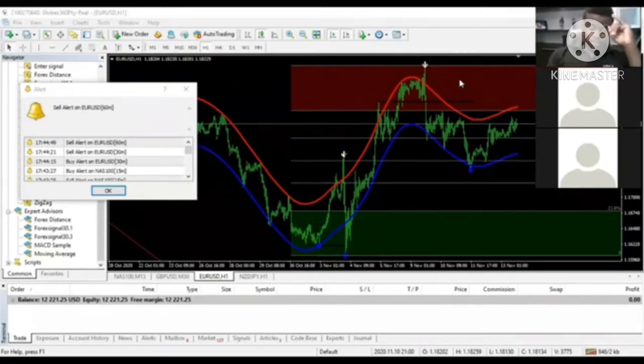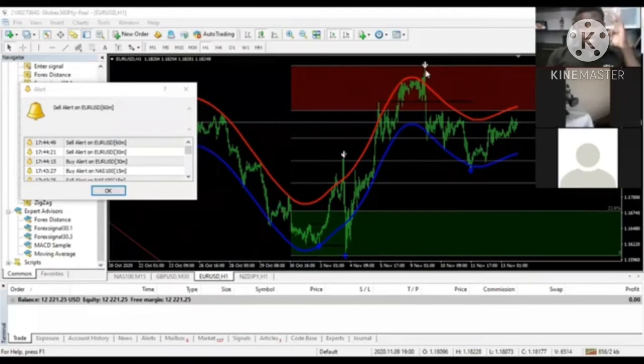The second thing, there needs to be a sell arrow signal. Number 3, the market needs to be playing around, touching or cutting the red moving average. You need all those 3 things for you to listen to the buy and sell alerts when they tell you to sell. That's the only time when you sell.